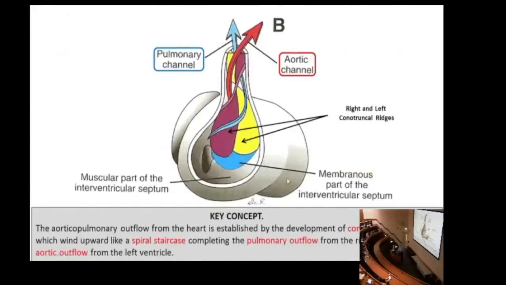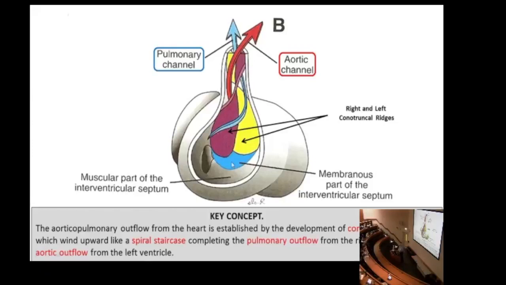And the conotruncal ridges are represented here by the yellow and the burgundy colors. They grow toward each other, but as they grow toward each other, they spiral around in a pirouette formation, which allows for the separation in this truncus arteriosus and for pulmonary outflow to go to lungs and for aortic outflow to go to systemic circulation.